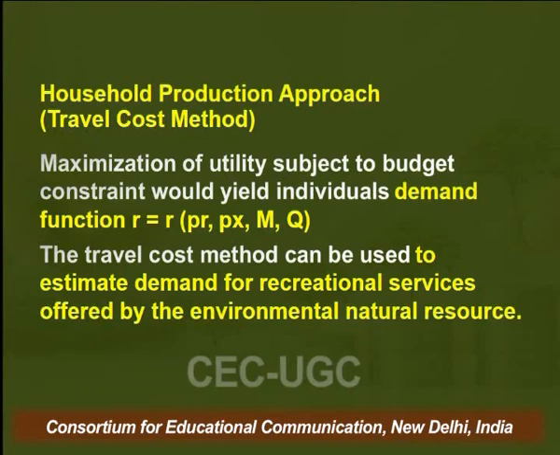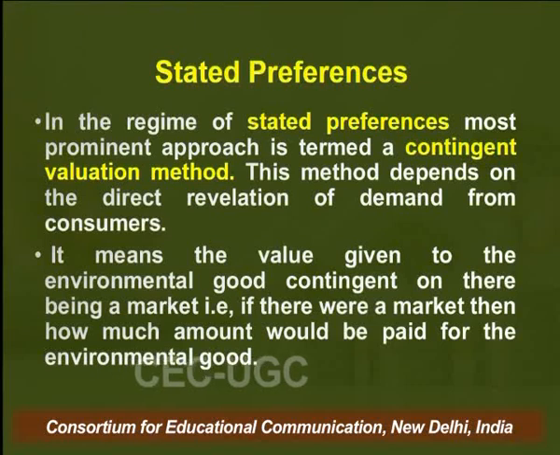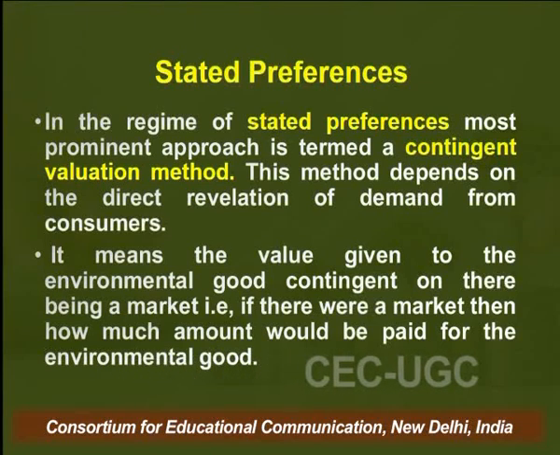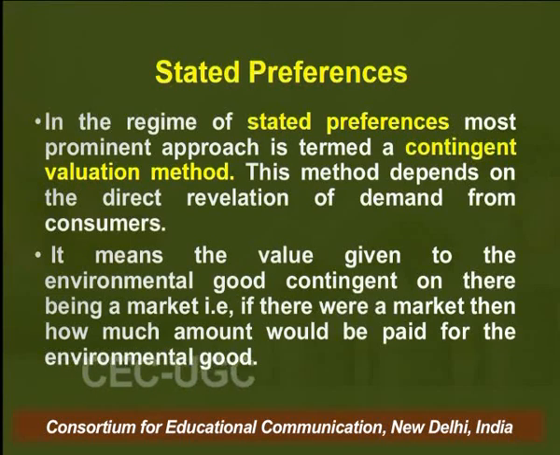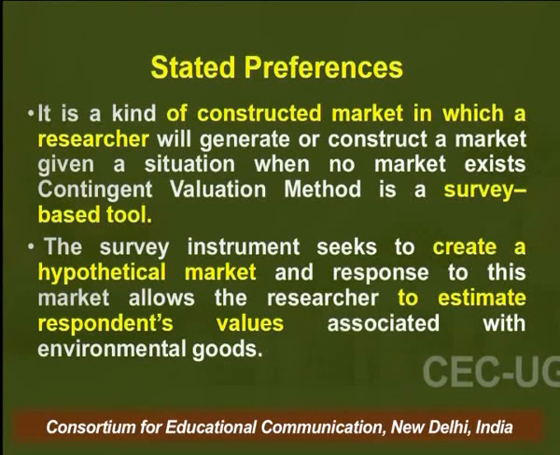So this is all about this. The final thing is the stated preference. In this regime, the stated preferences are mostly in terms of the contingent valuation method. Again, as I already discussed, it is about creating fake markets on the basis of surveys and other things. These are called constructed markets and survey-based designs, and you try to infer the trade-off between the environmental good and the money spent.